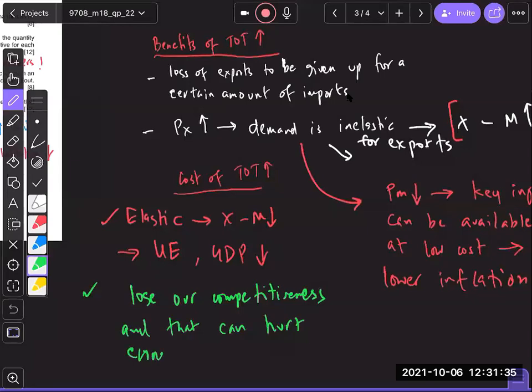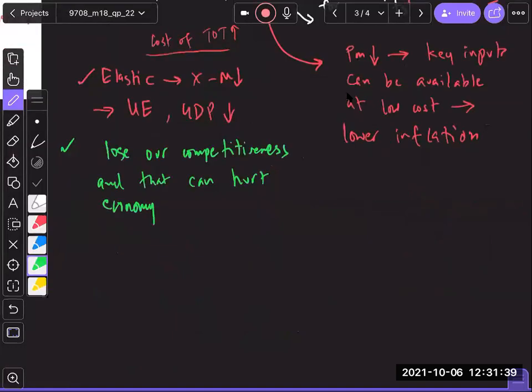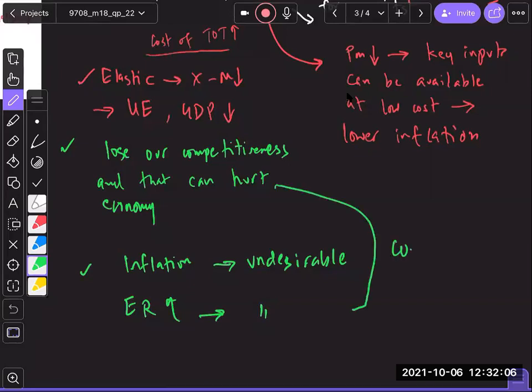Then we can also talk about this: the cause of the terms of trade going up matters. What if the cause is inflation? Then that could be undesirable. Or if the cause is the exchange rate going up, that could also be undesirable, because you can run into what we call a current account deficit, exactly.